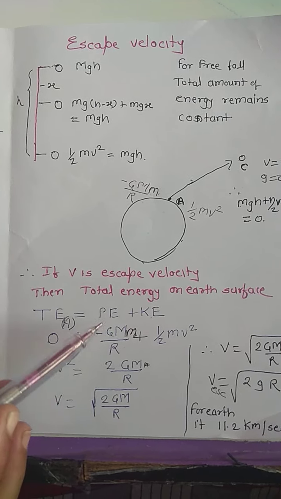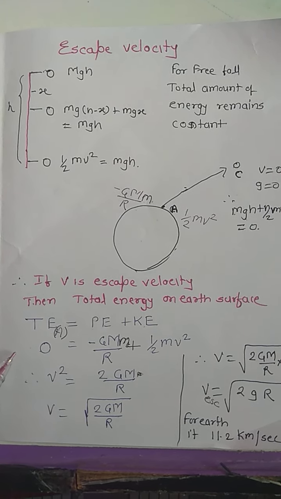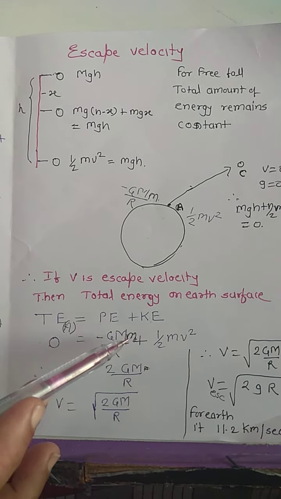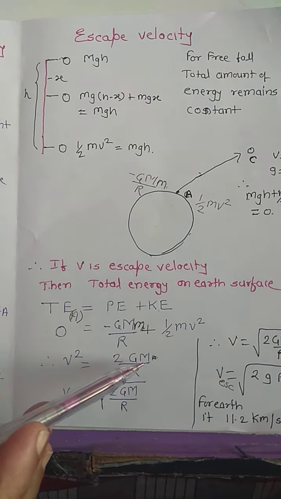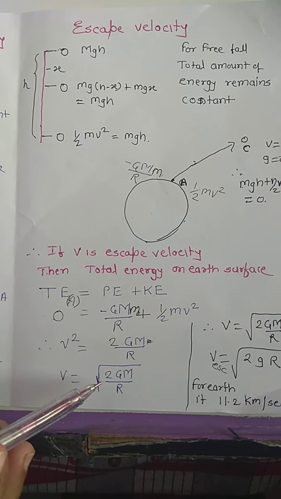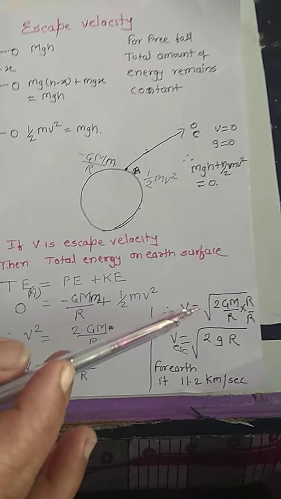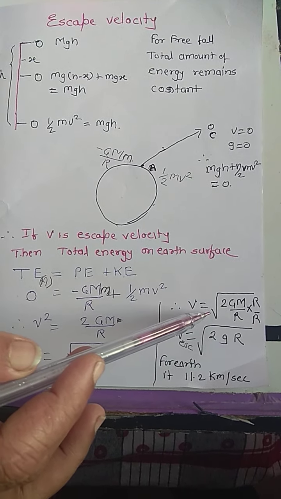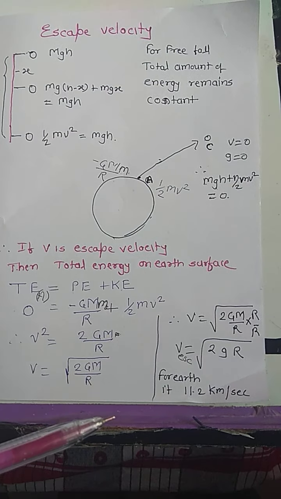Solving this equation, this minus GMm upon R on the left side becomes positive. Half mv square is equal to GMm upon R. m gets cancelled and we get v square is equal to 2GM upon R. That is, v is equal to square root of 2GM upon R. Multiplying both numerator and denominator by R, we get v is equal to square root of 2GMR upon R square.